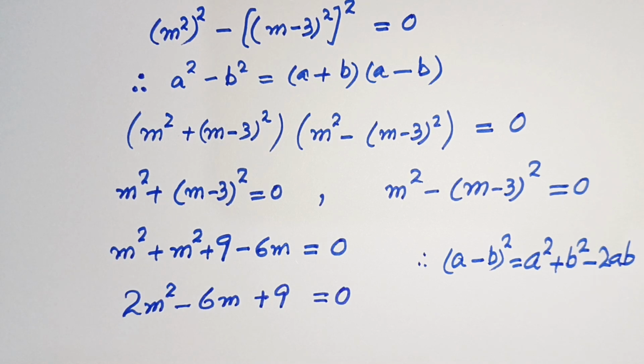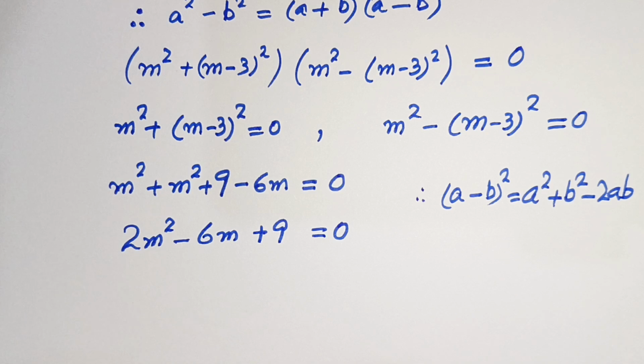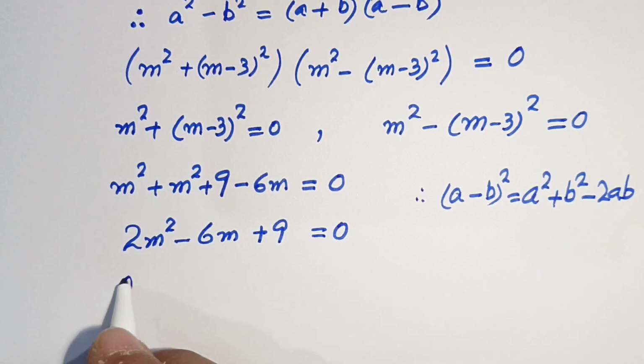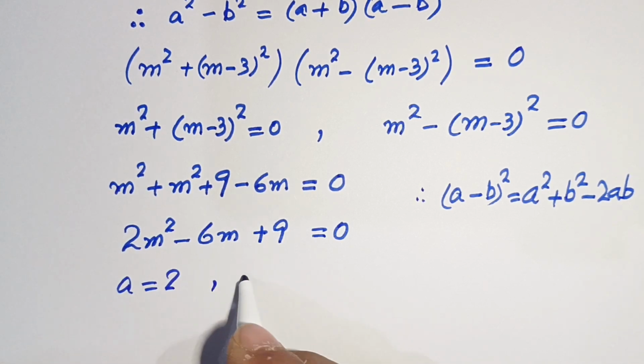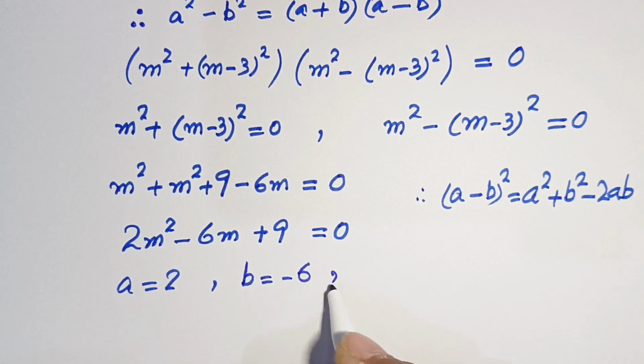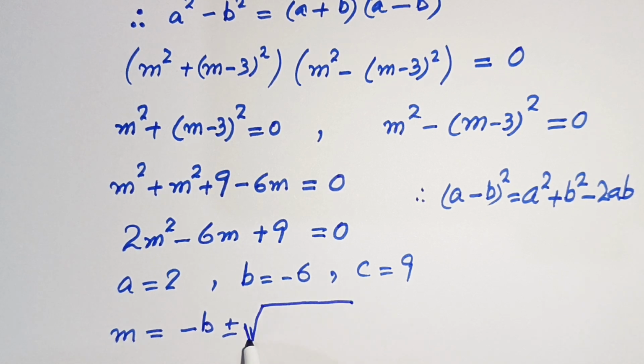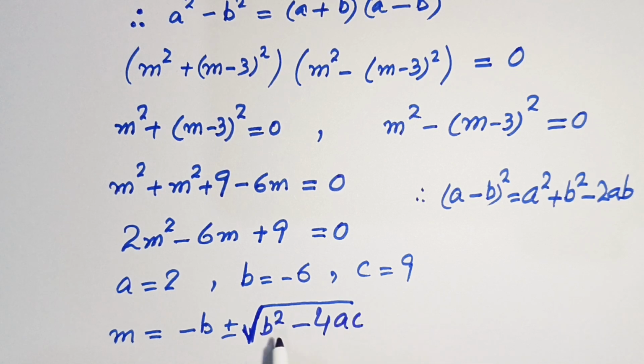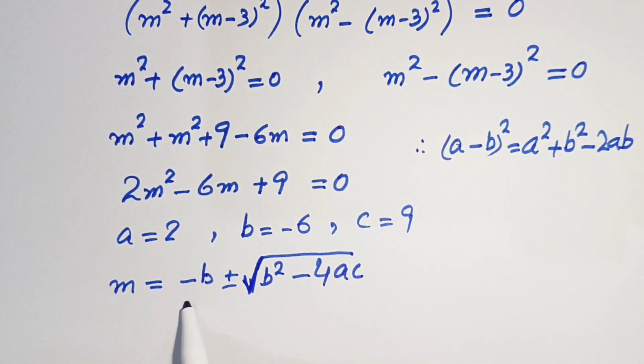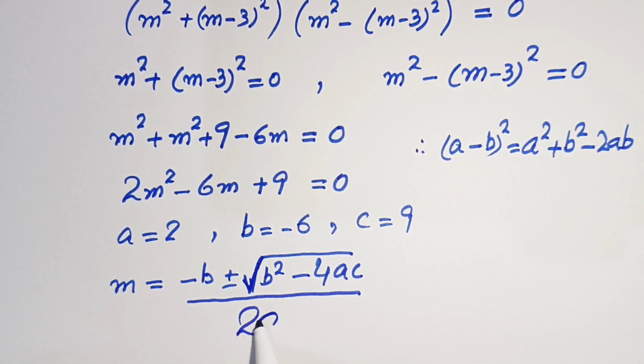Now we can solve this equation by using the quadratic formula, because it is a nice quadratic equation. So here the value of a is equal to 2, b is equal to minus 6, and c is equal to plus 9. Now using the quadratic formula, m is equal to minus b plus minus square root of b squared minus 4ac, all over 2a.